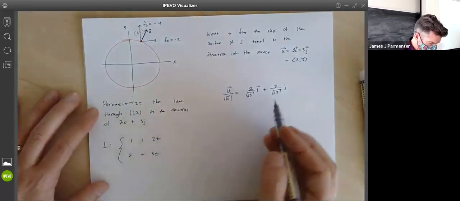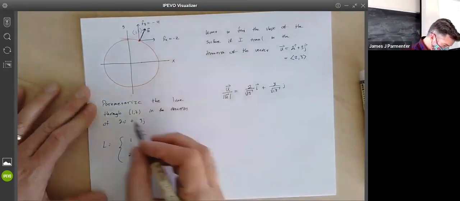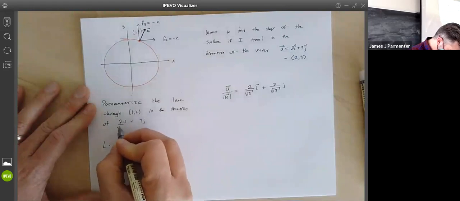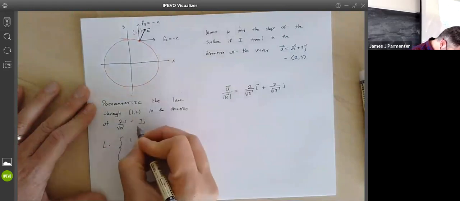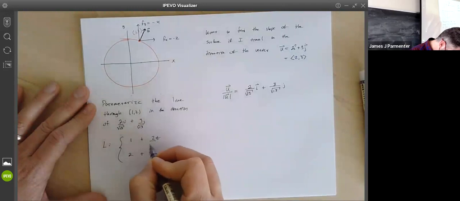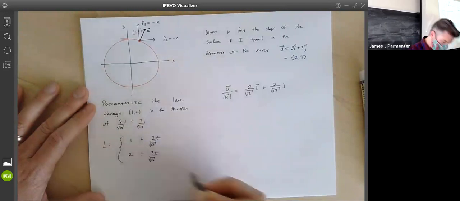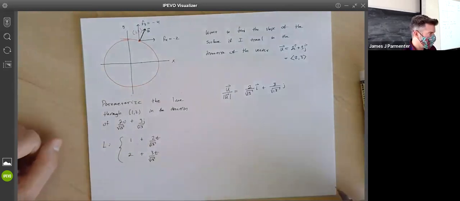So what I actually should have done is use this vector instead. I'm going to fix it the cheater way. Still the same line, written slightly differently. I divided each thing by square root of 13.